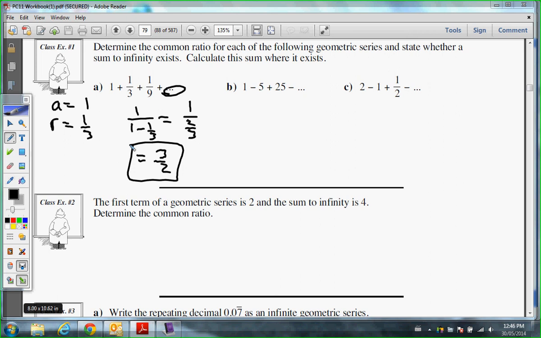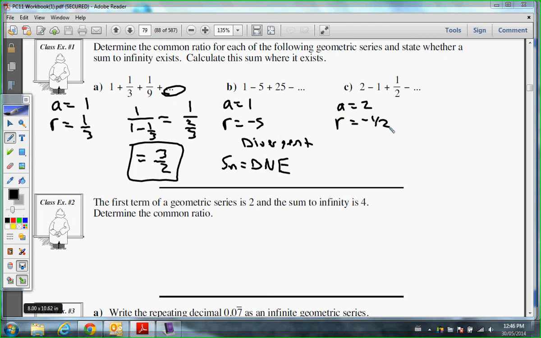Okay, for B, my A is 1, my R is -5. This is divergent, so the sum does not exist. The last one of this section, my A is 2, my R is -1/2.